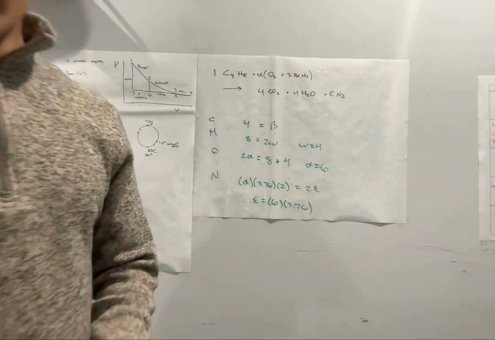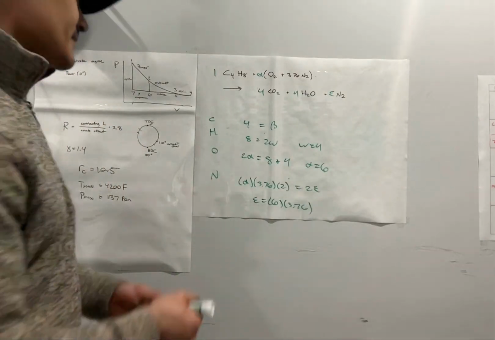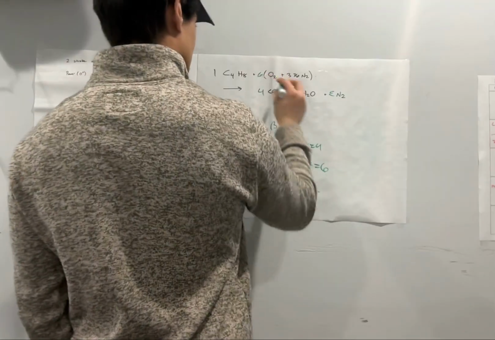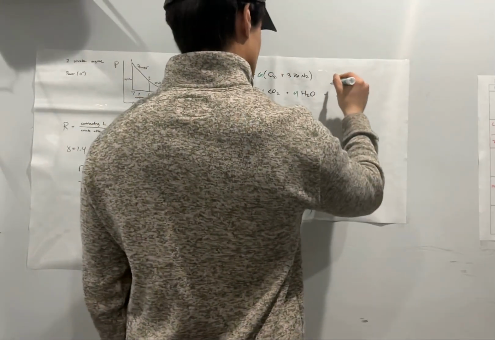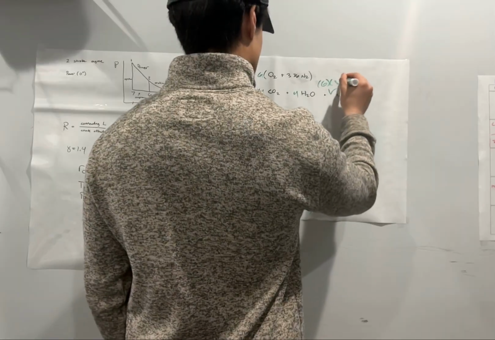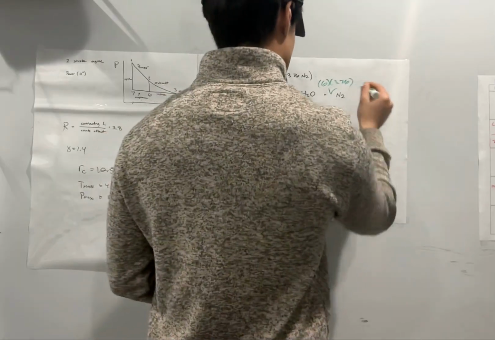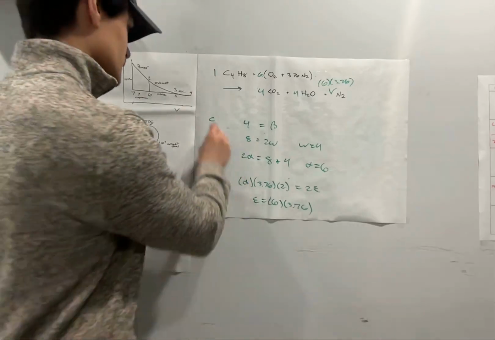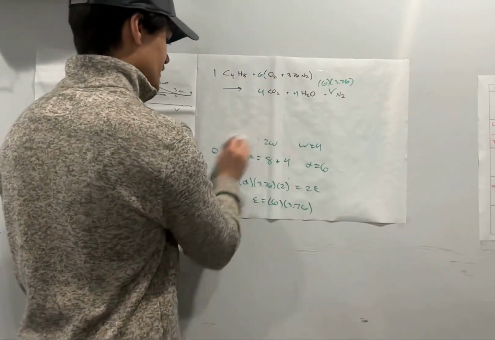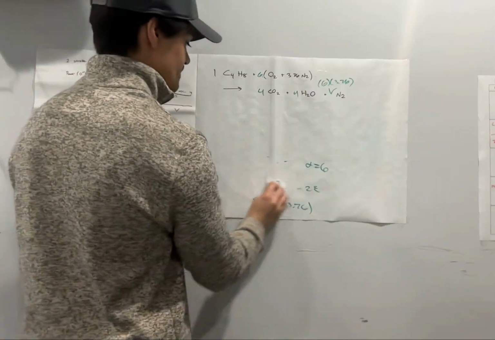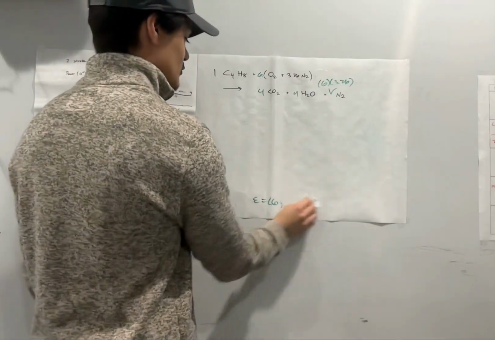And from there, let me plug that in. Alpha is 6 here, and this is 6 times 3.76. So this is the stoichiometric case of the combustion of this fuel.